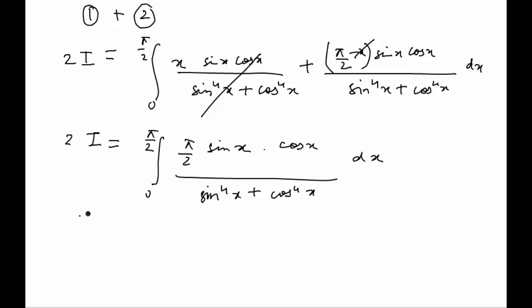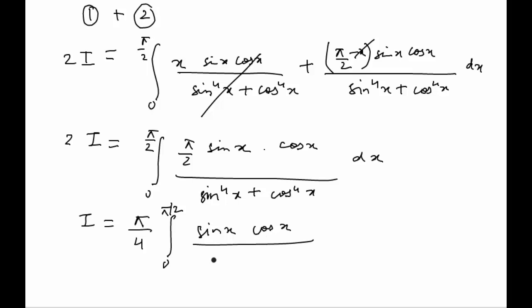So I will be equal to pi by 2 we take out common, and 2 from the left side, so integration of sin x cos x upon sin to the power 4x plus cos to the power 4x dx. So we can divide numerator and denominator by cos to the power 4x.